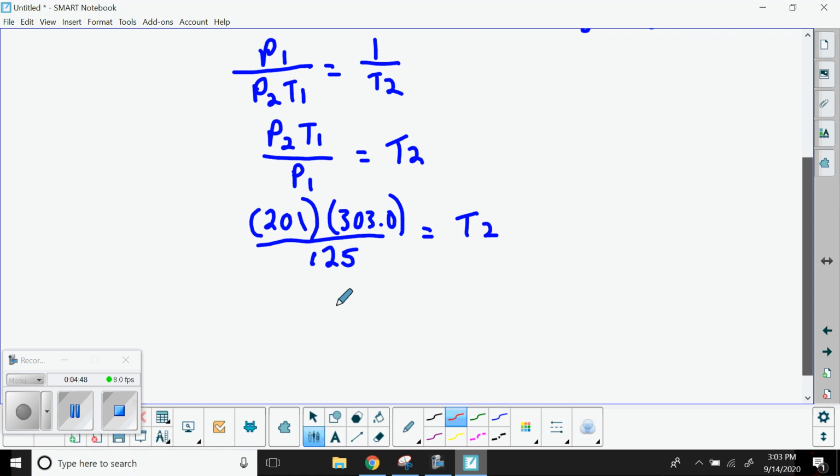So it's going to turn into 60,900. That decimal place that I made sure I put there went away because I'm multiplying and I only have 3 sig figs. Divided by the 125, that'll get me my T2. Down to 3 sig figs again.